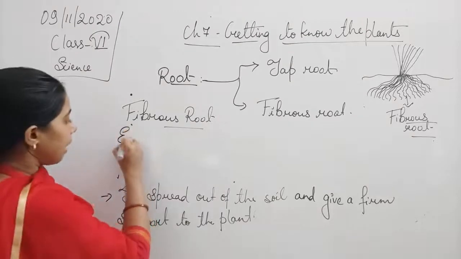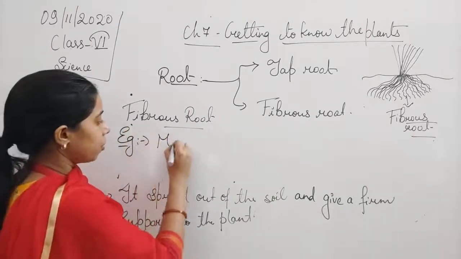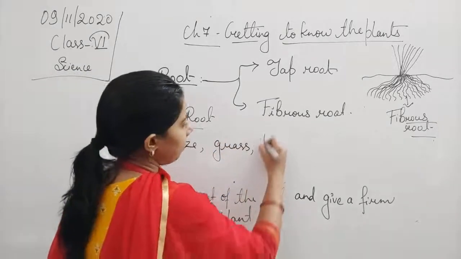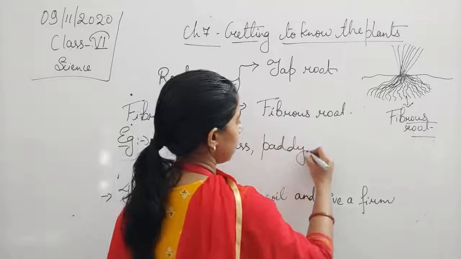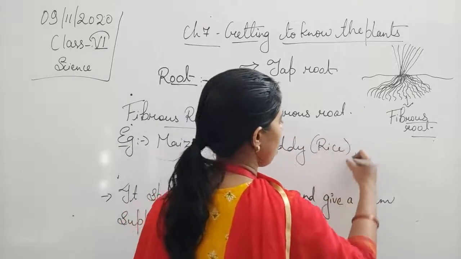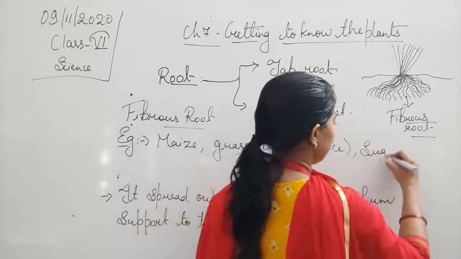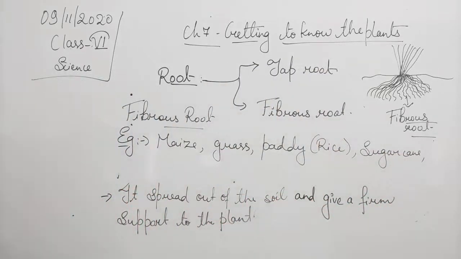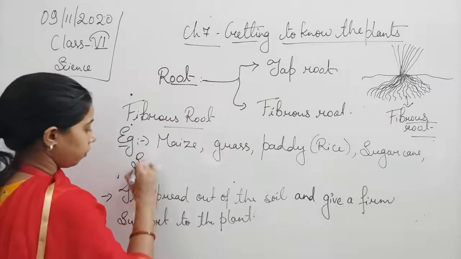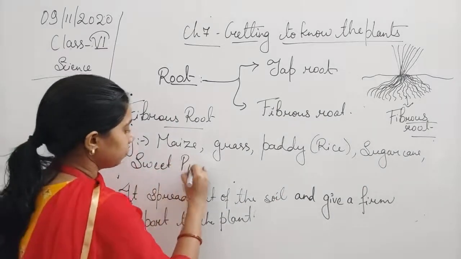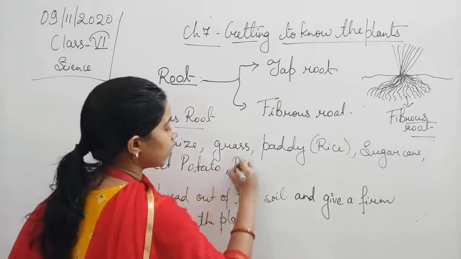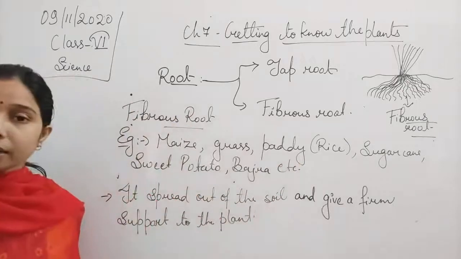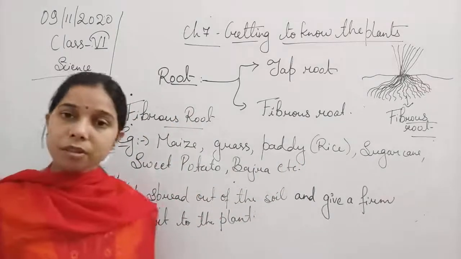So we can write examples: maize, grass, paddy plant, that is known as rice, or sugar cane. Sugar cane is also there, sweet potato, bajra, etc. So there are different kinds of plants which show the fibrous root.